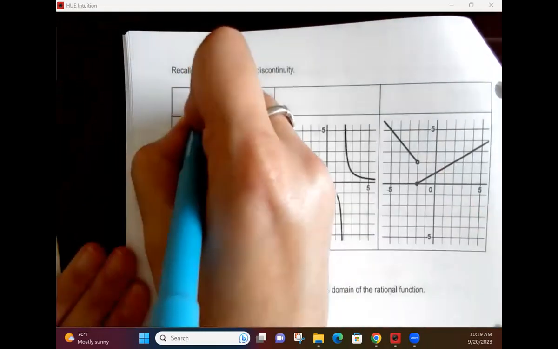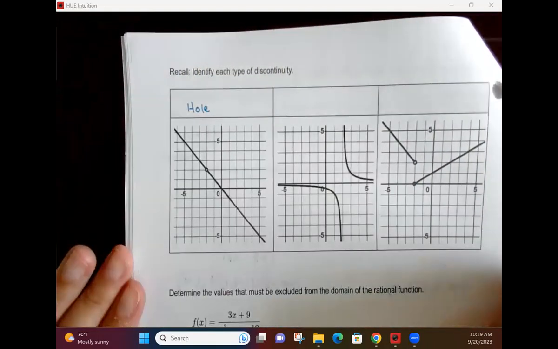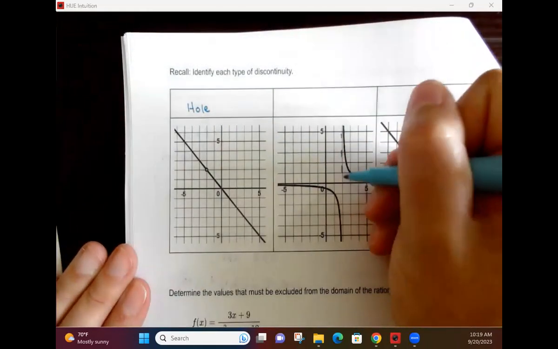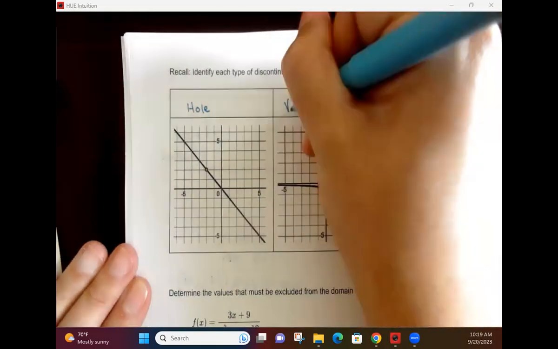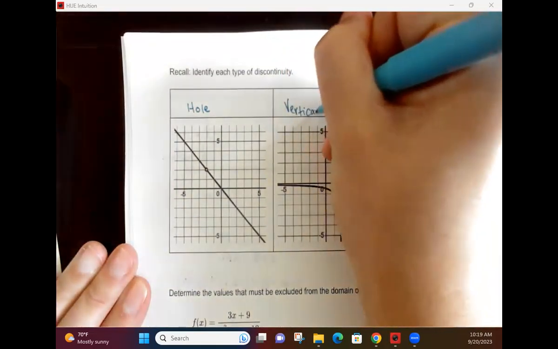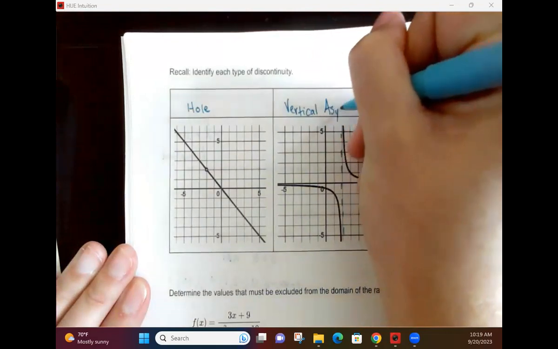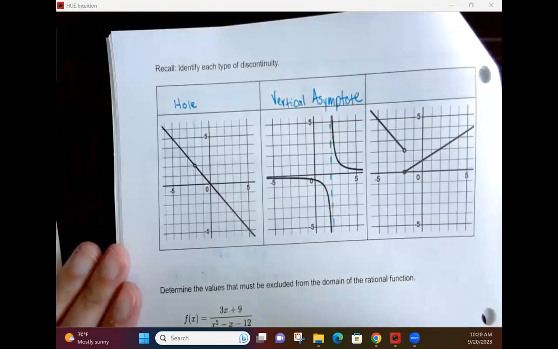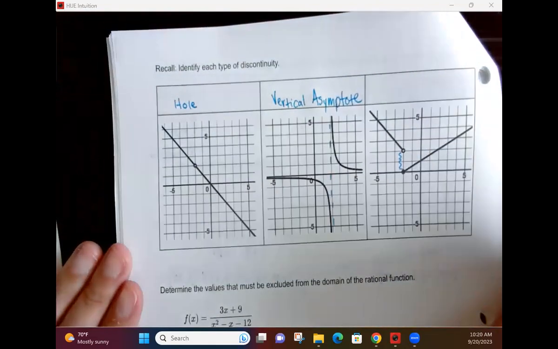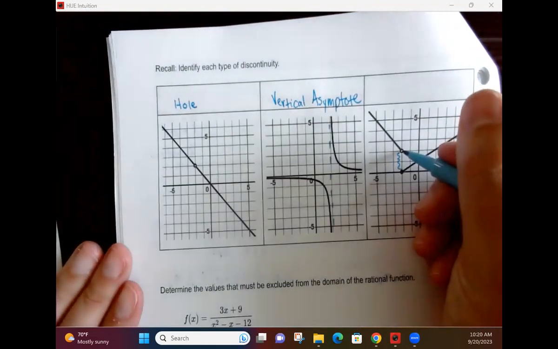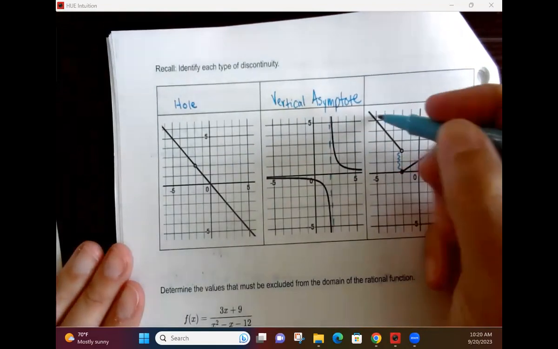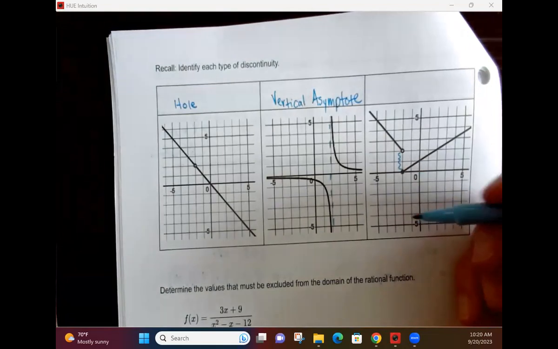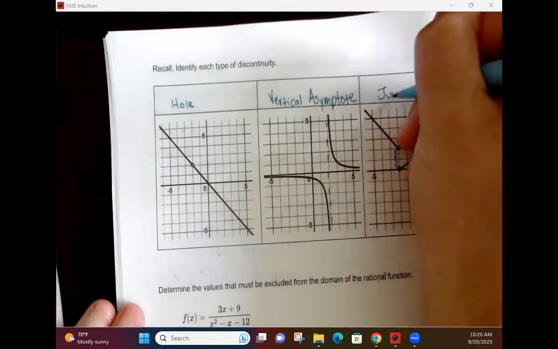That's what we call a hole or a removable discontinuity. When I have this sort of vertical split here, that is what we call a vertical asymptote. And then when I have a vertical distance between maybe one part of a function and another part of a function, we'll see this a lot with piecewise functions. This is what we call a jump discontinuity.